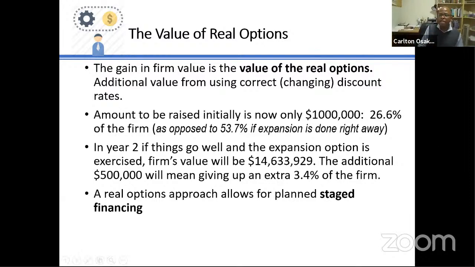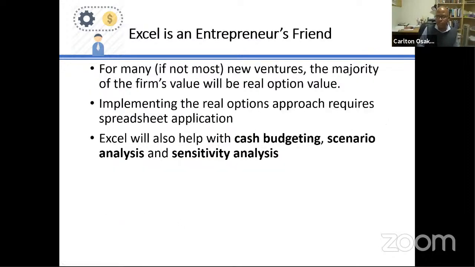Okay. So most new ventures are like that. Of course, to implement this real options approach to equity or entrepreneurial financing, it generally means that you should have some sort of spreadsheet skills.